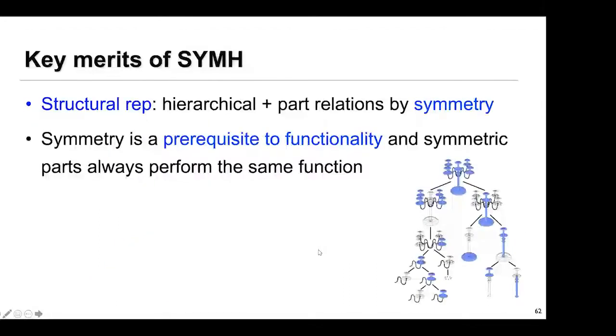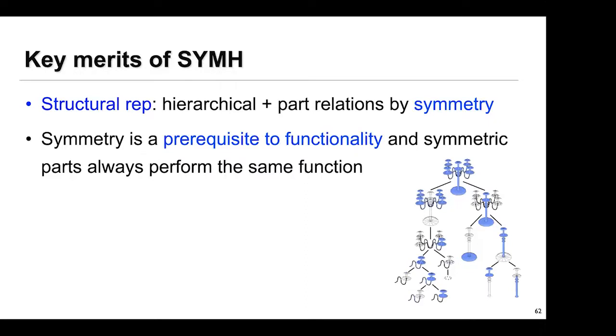There are some key merits of this particular representation. First of all, it's structural, obviously: it's a hierarchy, and the part relations are given by proximity, which is connectivity, and also symmetry. Symmetry, in fact, is very much related to functionality. I believe that symmetry is a prerequisite to functionality, right? In these man-made shapes, there are symmetries everywhere.